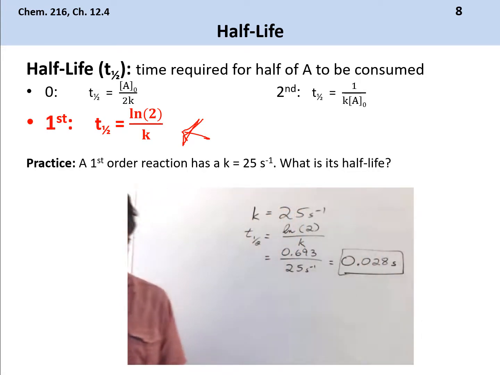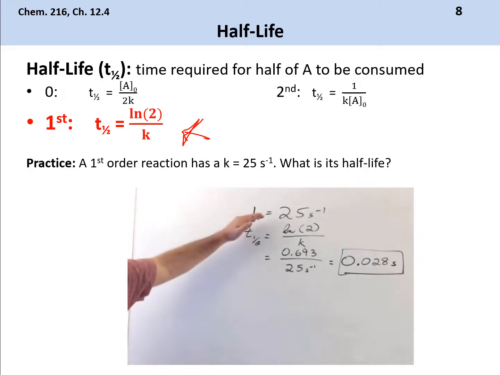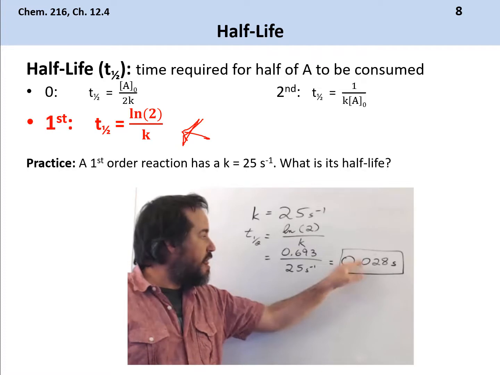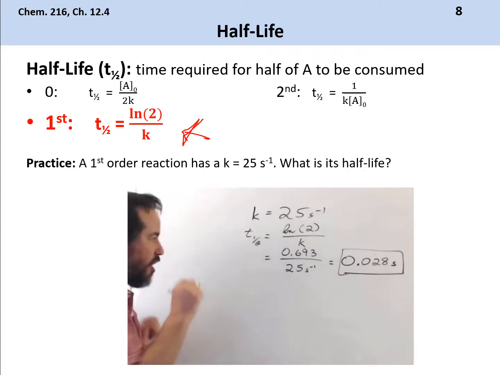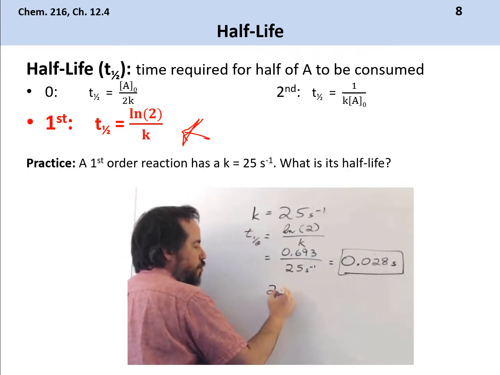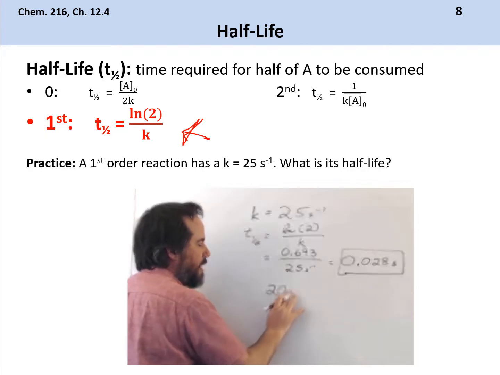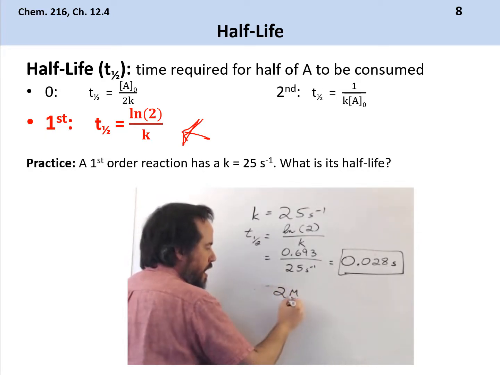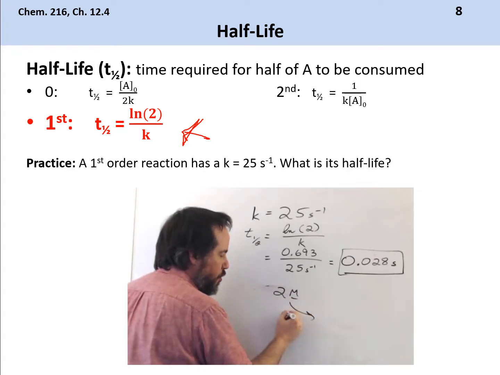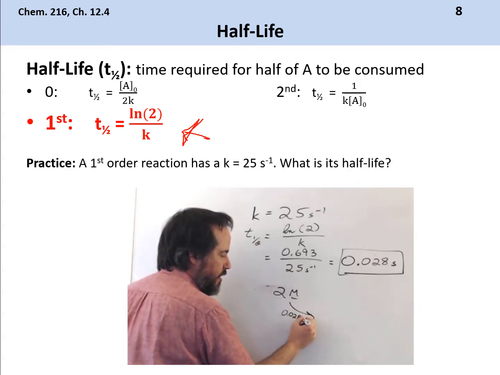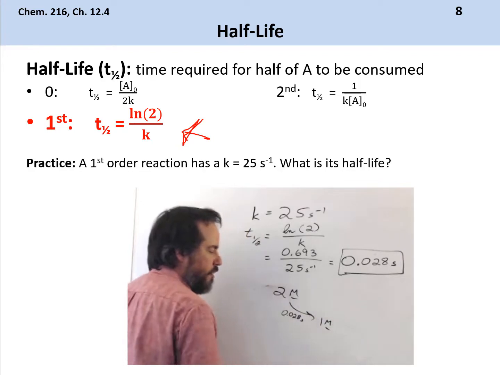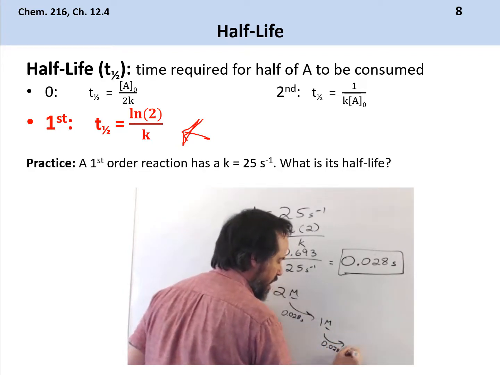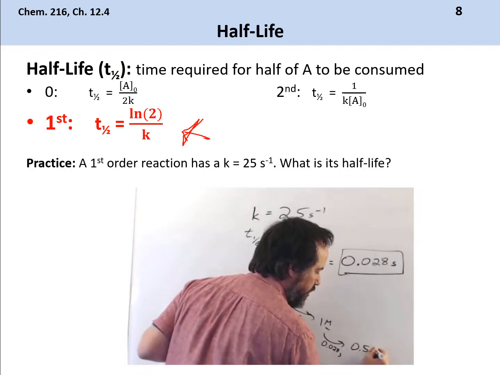So what does this mean? This means that this is a very short lifetime, right? If I start with, let's say, 2 molar, 0.028 seconds later, I'm going to have 1 molar. 0.028 seconds after that, I'm going to get 0.5 molar.